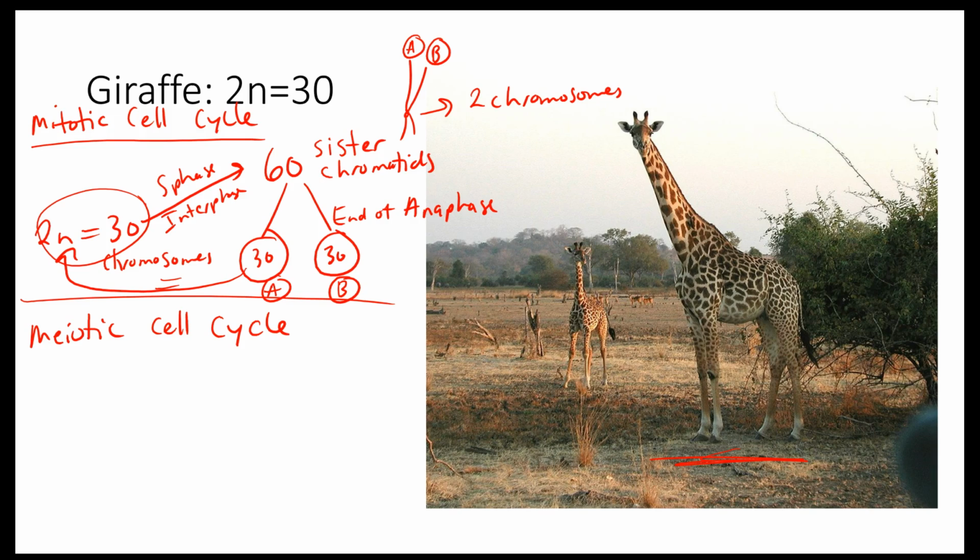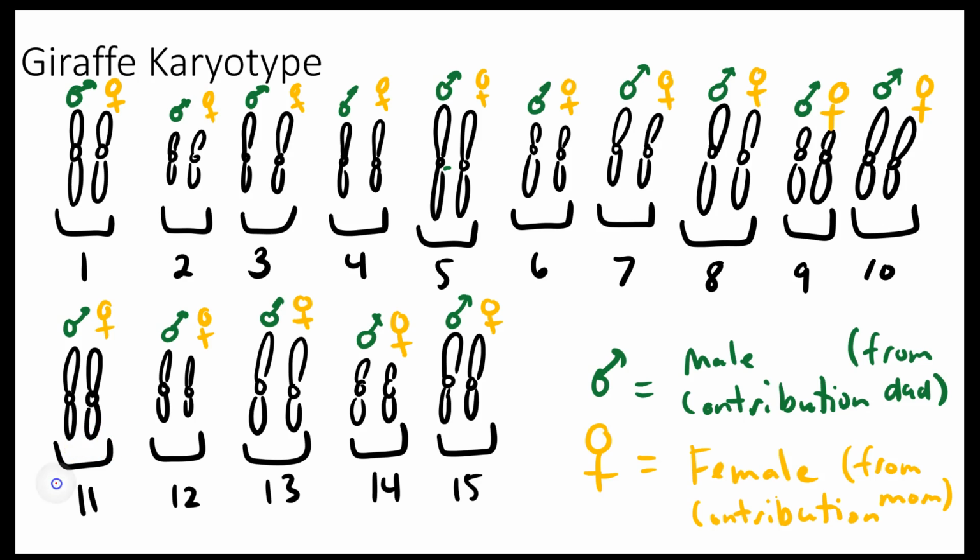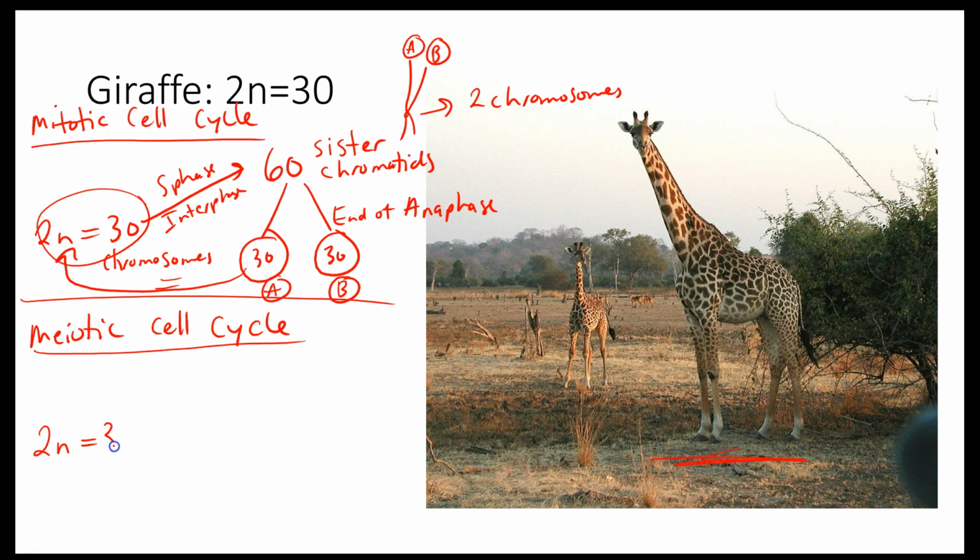Now, creating haploid gametes is a different process. So we use the meiotic cell cycle to do that. A lot of the steps of the actual division process are the same, with the exception that now we're going to do 2 rounds of division, as we showed in that graph before. So let's, again, look at a 2n of 30, because keep in mind the cells that are performing meiosis are themselves diploid.